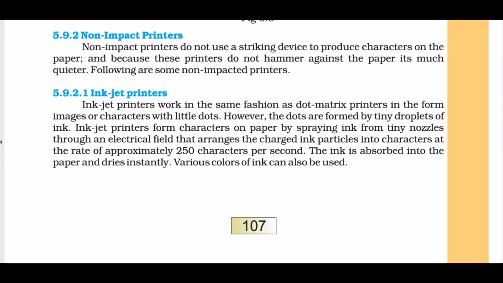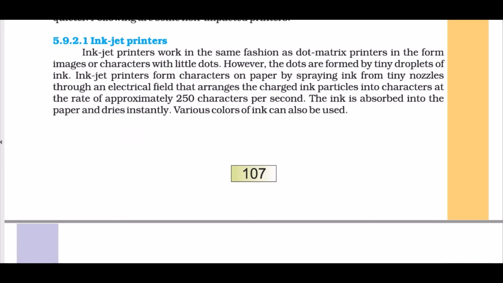In an inkjet printer, tiny droplets of ink are sprayed from tiny nozzles, which through an electrical field arrange charged ink particles. Those charged ink particles are turned into characters at approximately 250 characters per second. The ink is absorbed into the paper and dries instantly. That is why the paper is warm when you touch it after printing.